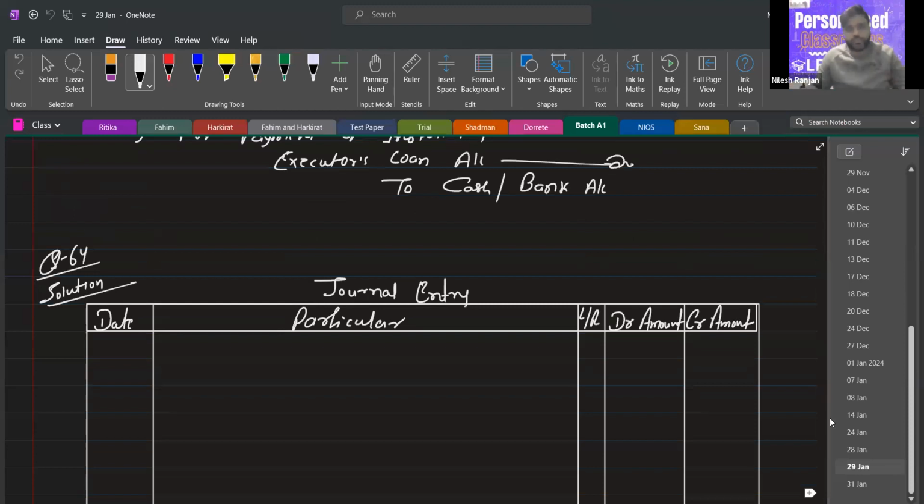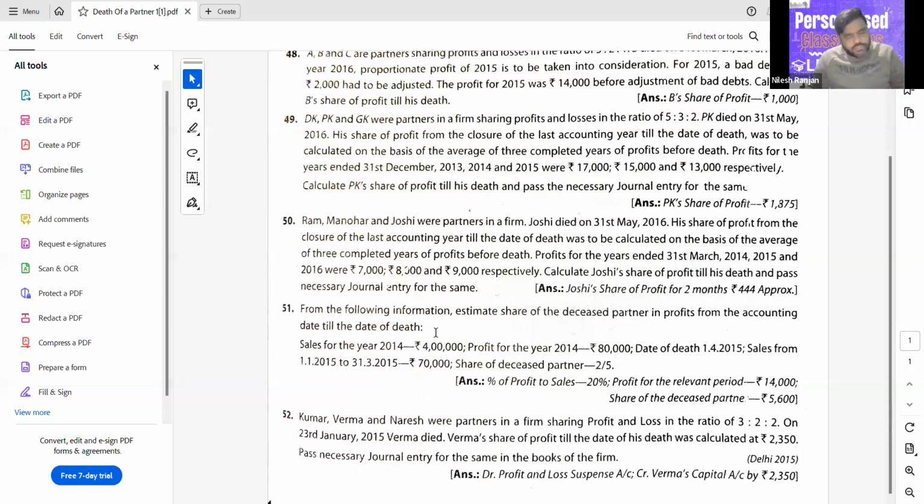Okay, very good. So should we start dissolution of partnership then? Yes, sir. Because there are only two concepts in this chapter. One is calculation of profit, and the second is executor's account. So we have done both concepts. There will be some different, long answer type questions, and in those you will find all the information like in this question.